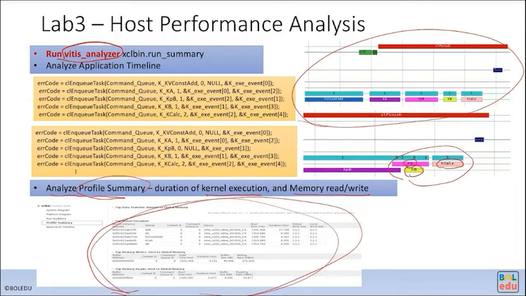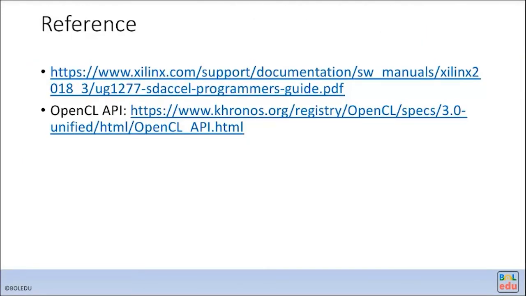That's how we write our code, and in some way we can control how XRT schedules kernel execution. At this point, I have gone through the Lab3 code, hopefully giving you an idea of how Lab3 functions. Are there any questions?